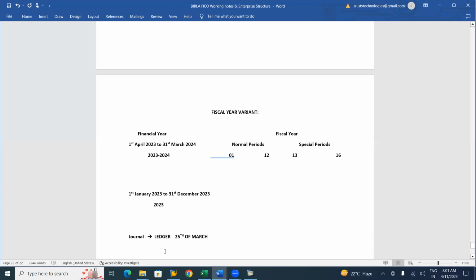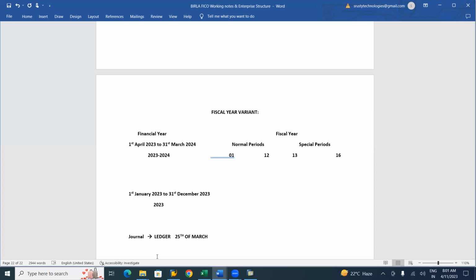Once we close the balances of ledgers, whatever the ledger may be, it will fall under 3 accounting groups. If 1000 ledgers or 1000 accounts are there, each account will fall under either a personal account, a real account, or a nominal account.